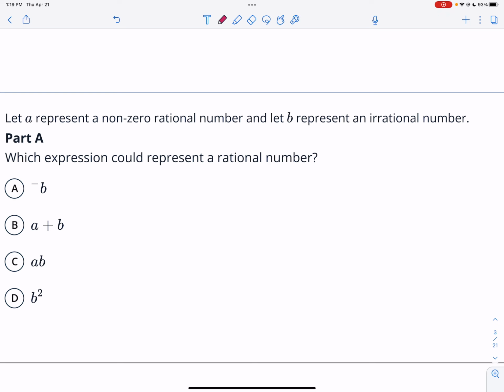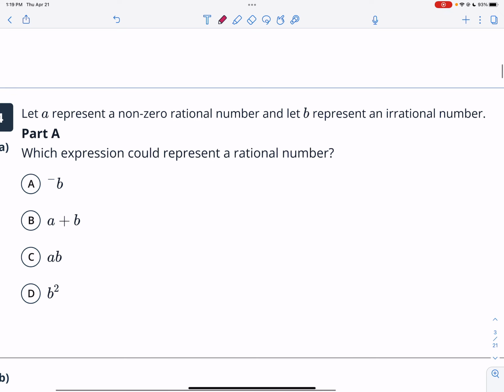So this right here would not work. And in that case, this right here would not work because if we could just subtract the irrational number from 0 and make it rational, that would be amazing, but it doesn't work.